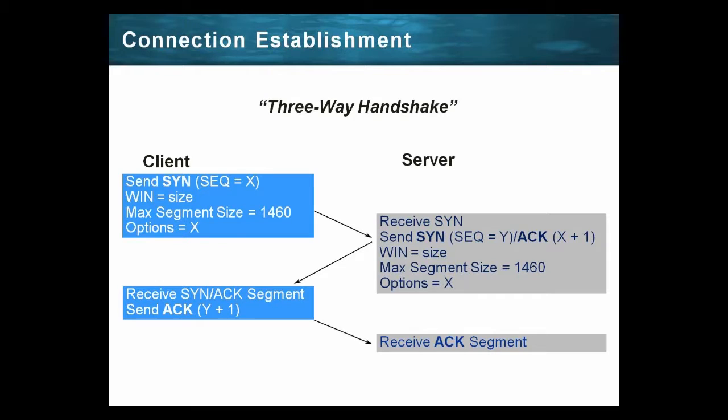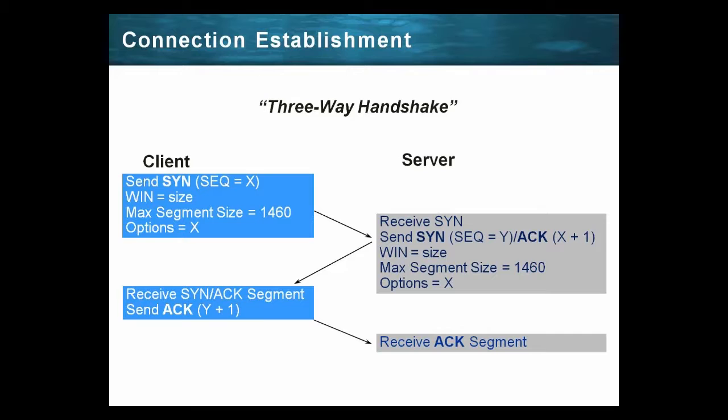So there can be other options that are negotiated as well. Sequence number X plus 1 is the server's ACK number. So we see on the server side, if it receives the sync request from the client, it takes the sequence number from the client. Plus 1 is the appropriate ACK, saying, okay, I agree, and it's going to synchronize, hopefully. It could also send a reset at this point, which would basically say it's not willing to synchronize.